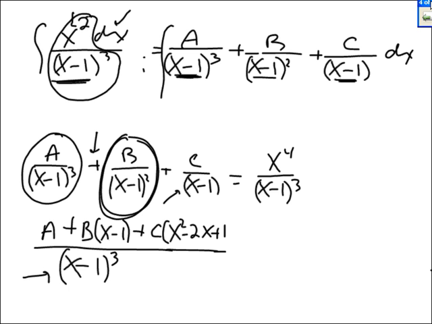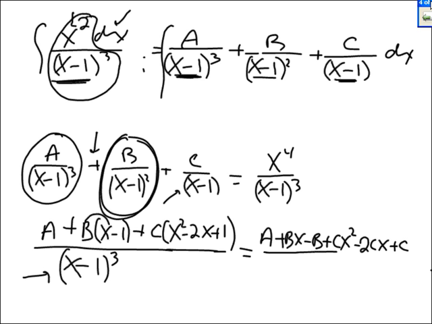So now, this is equal to a, distributing, plus bx minus b plus cx squared minus 2cx plus 1c, all over x minus 1 cubed. And I want it to equal x squared over x minus 1 cubed. This is supposed to equal x squared over x take away 1 cubed.